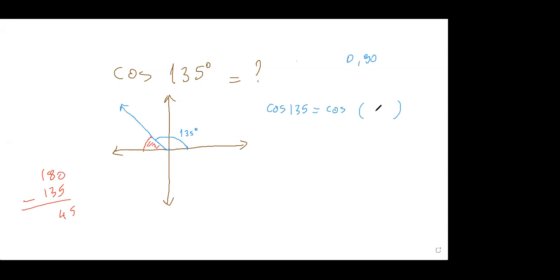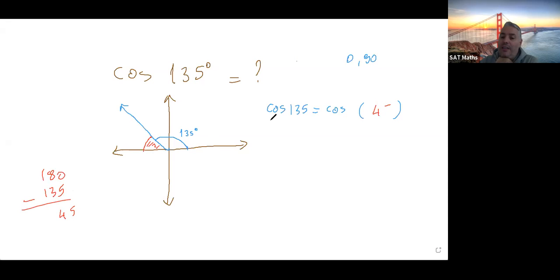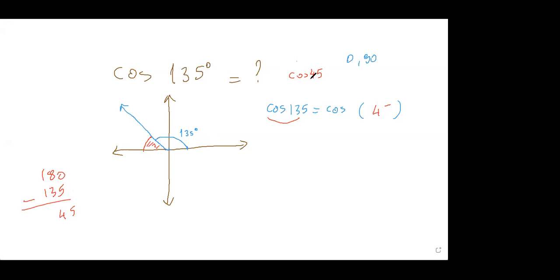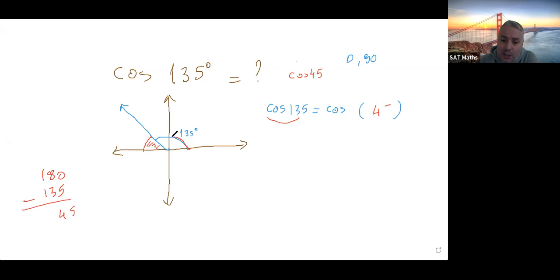So now the cosine of 135, which is my question, is equal to cosine of 45. Only one thing, positive or negative. Since the original question, 135, is in the second quadrant, cosine is negative. So just put a negative here. And cosine 45, if you memorized it before, is √2/2.